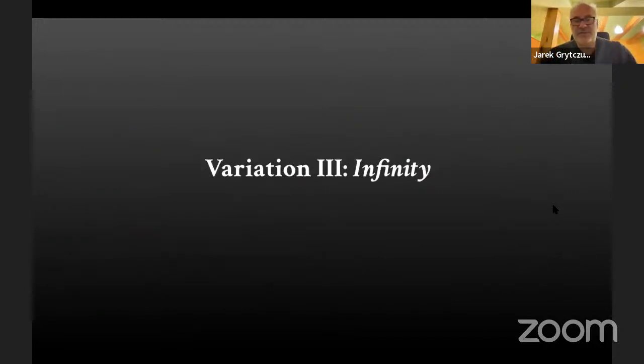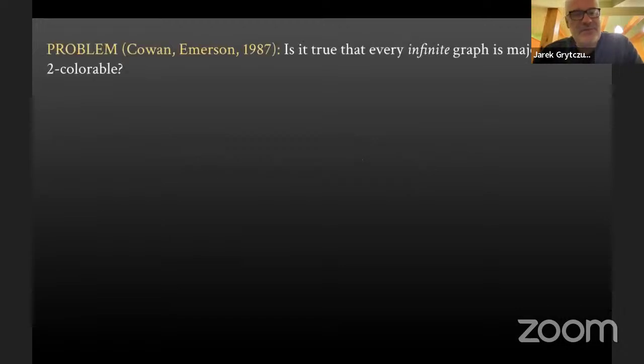And the last variation, but also quite intriguing, is for infinite graphs. Something very strange happens when we think about this problem for infinite graphs. Actually, it was studied even before these directed versions.